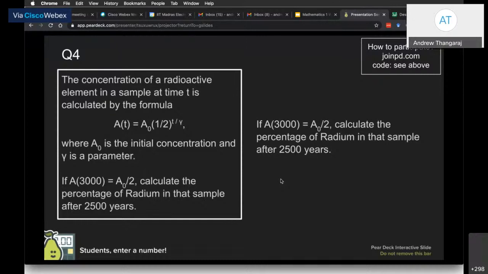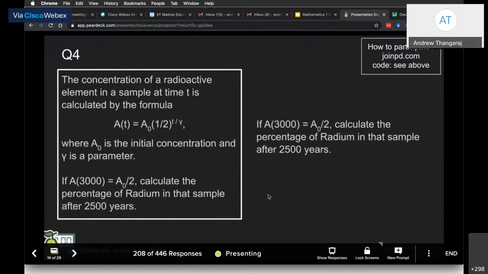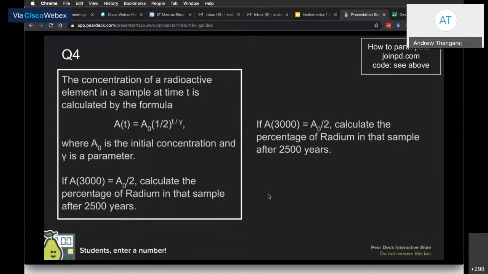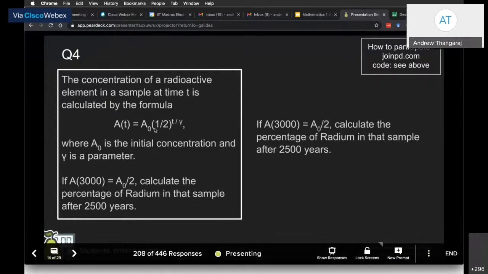This is a very common theme across a lot of science and engineering, and any application of mathematics. You will have a form for the function. There'll be this parameter gamma, for instance, which is a very crucial parameter, and you don't know it. But you observe A of 3000. It need not be 3000, it can be any other value of t.